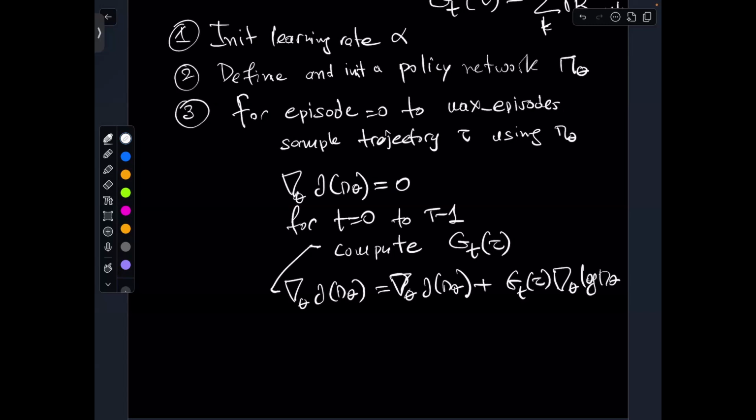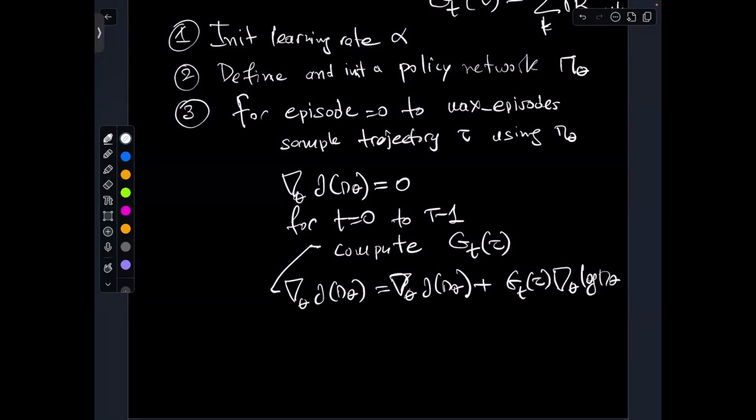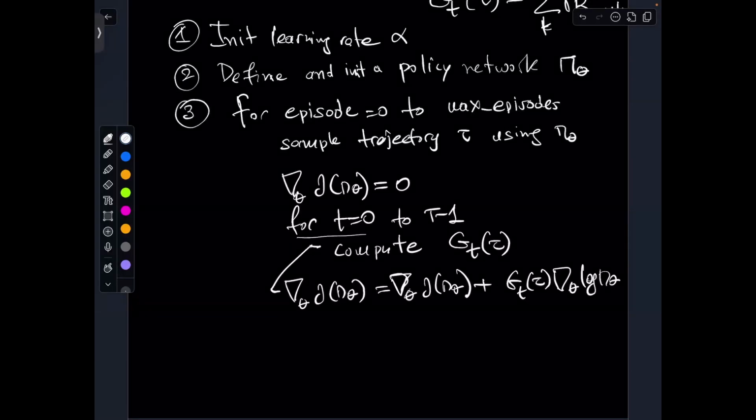These two, computing G_t of tau and the gradient update, are inside the for t equals 0 group.